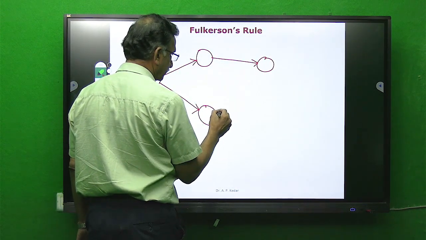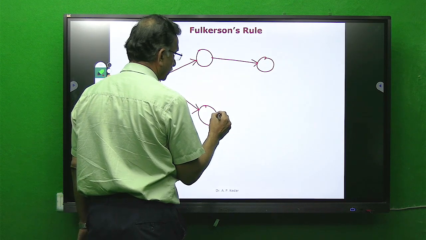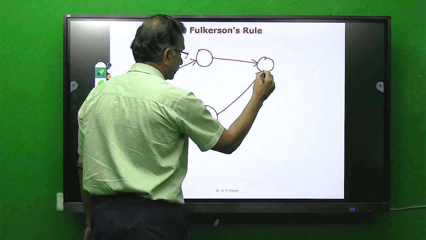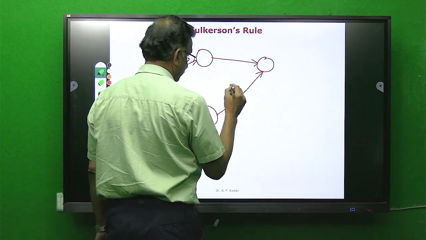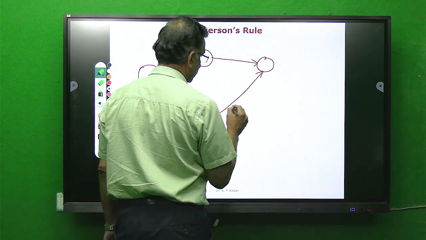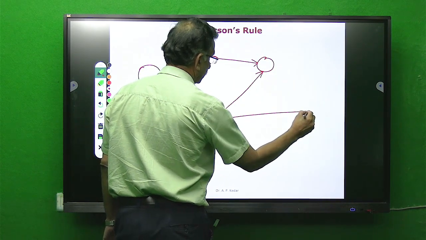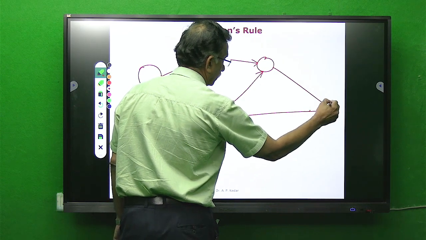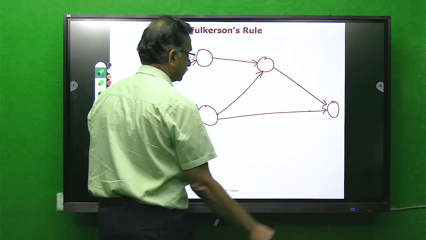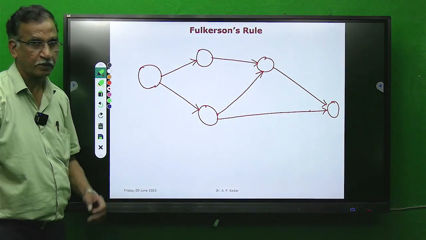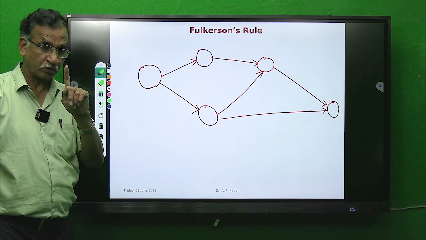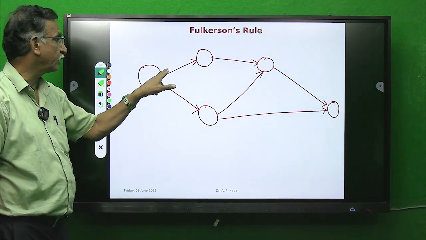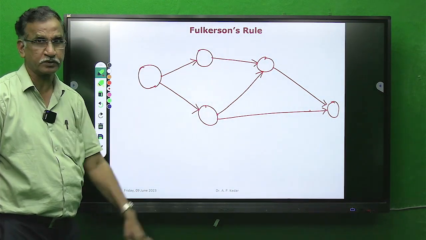This is a very simple example for understanding purposes. Suppose this is the network. Now you must know that any network will have straight line arrows and these events.